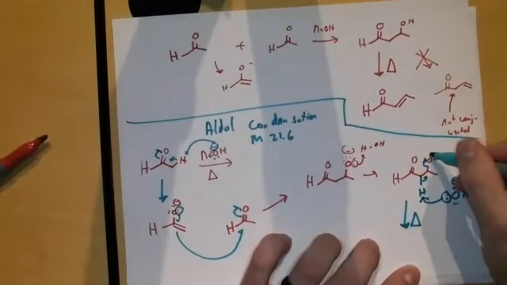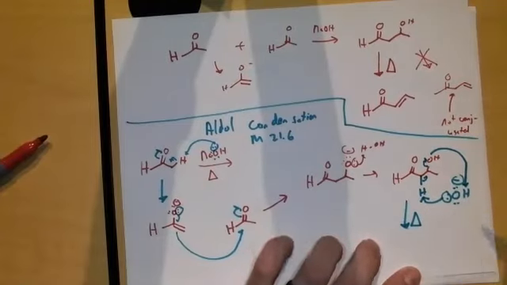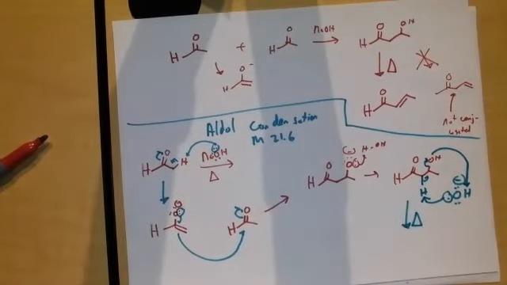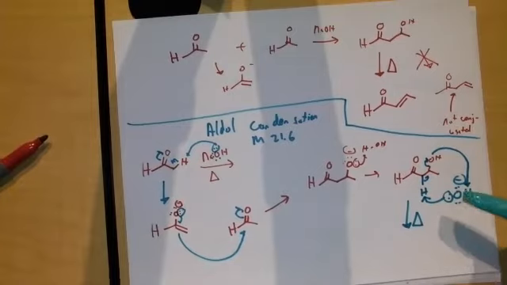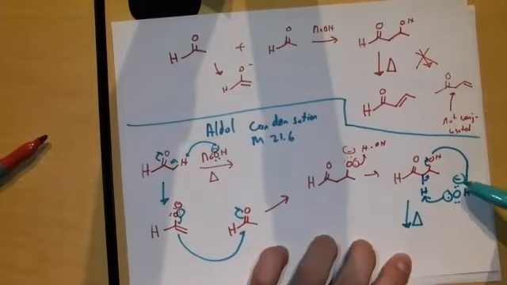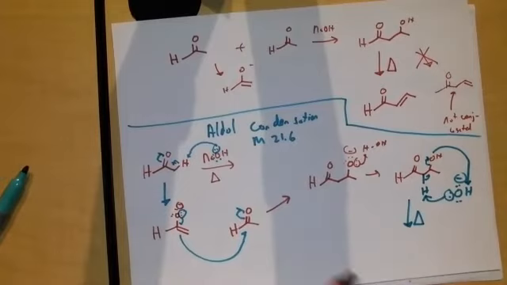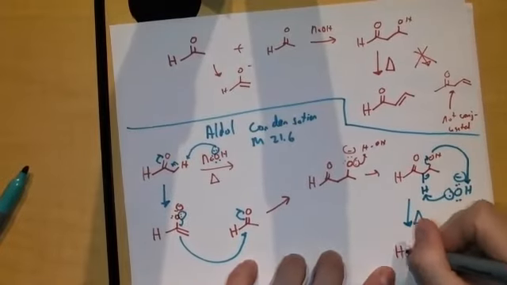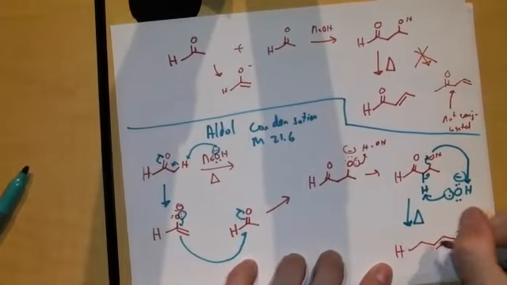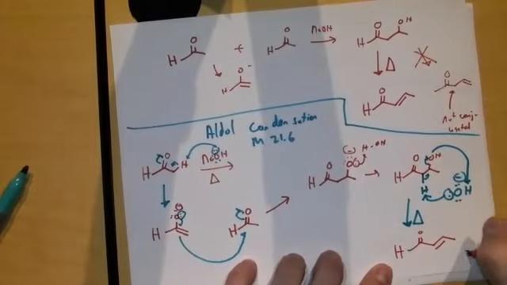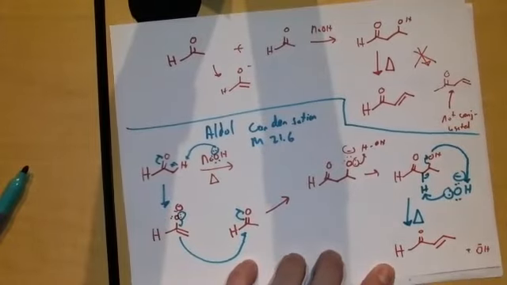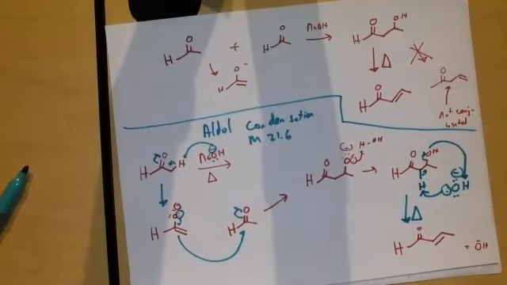The water is going to grab the other proton from our NaOH. It's a bit of a cyclization. So we're grabbing this proton, we're losing this proton, and we're going to make our condensation product plus another OH minus.